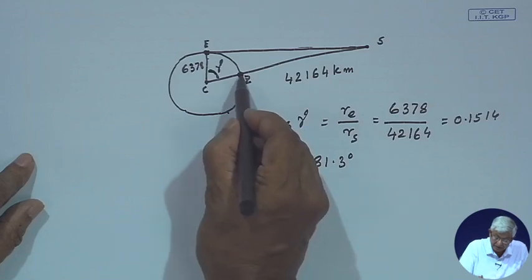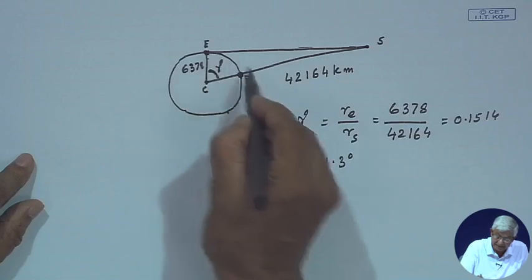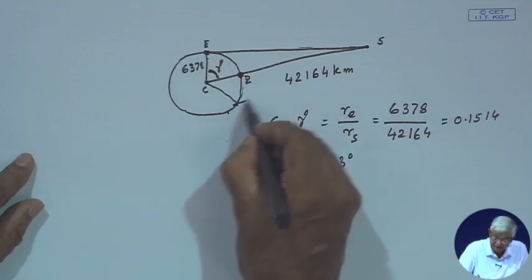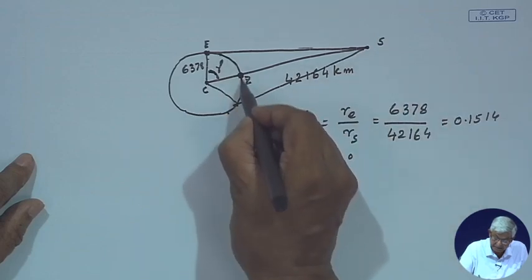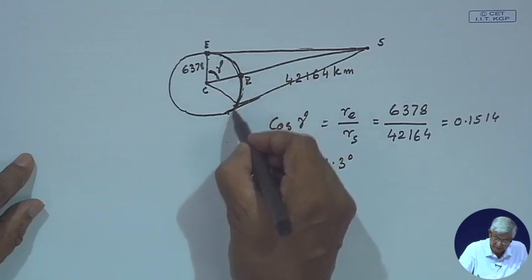So, what if I know Z, 81.3 degree this side the satellite can see the arc, and 81.3 degree this side the satellite can see the arc. So, this is the visibility arc of the satellite.